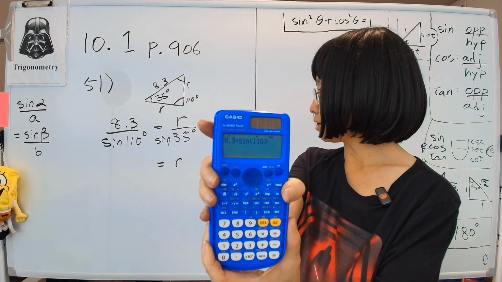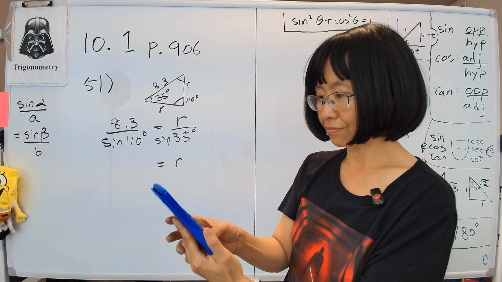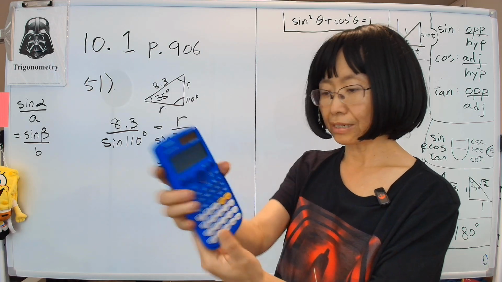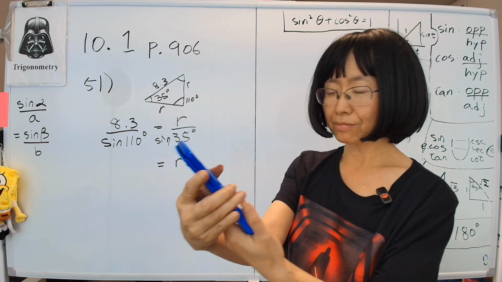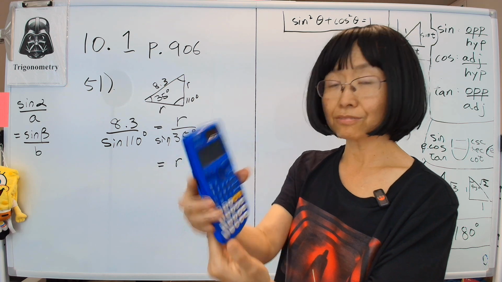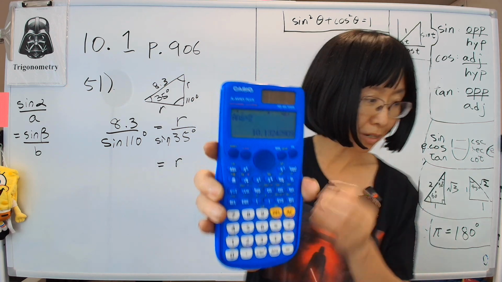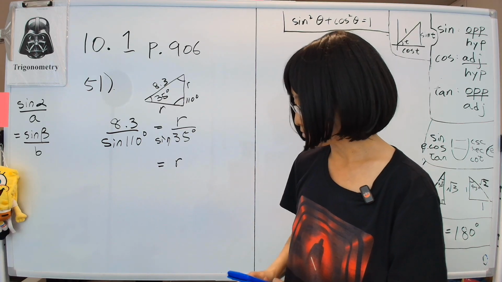And then we just have to multiply by sine of 35, and that should do it. So let's see what that equals. That equals 5 point whatever. Then we have to multiply by 2, because it asks us for the diameter, which is 10.1. And that is what the back of the book says. So that is the right answer.